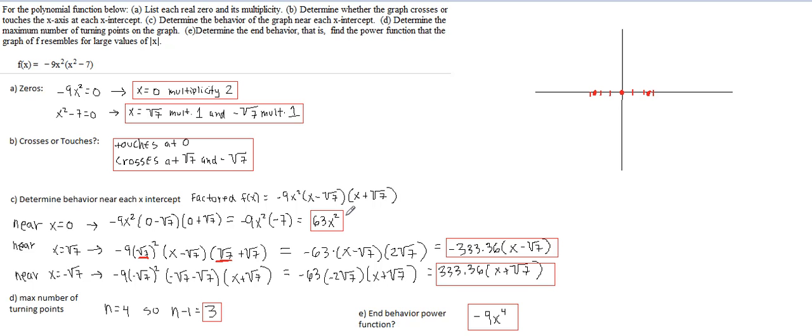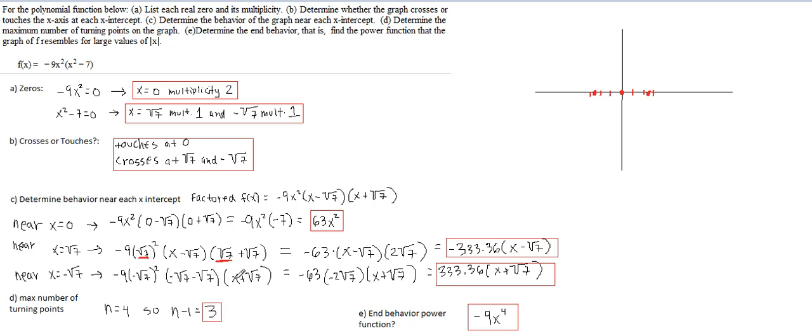Basically, that's what the function is going to look like near this point here at square root of 7. Now, near the negative square root of 7, we do the same thing and find out which factor this negative square root of 7 came from. It came from this one here, the x plus square root of 7, because if we plugged negative square root of 7 into this x spot, we would get a 0 here, which would turn the whole thing to 0.